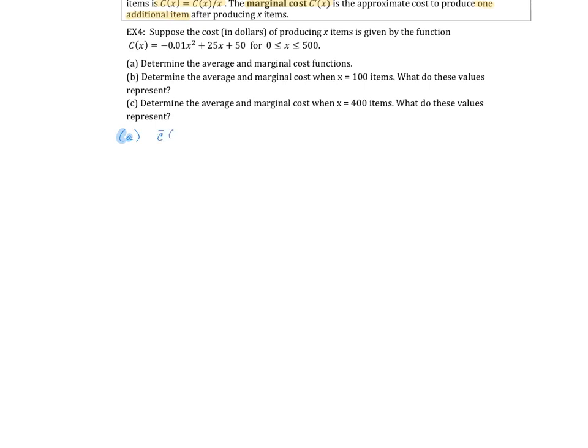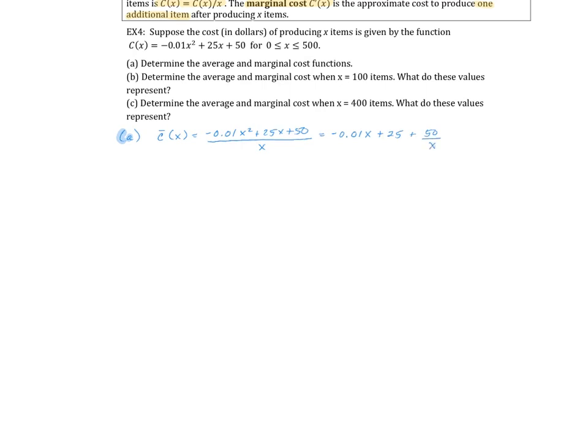So the average cost is just going to be the cost function over X. I'm writing the general formula for the average cost, which would be negative 0.01 x squared plus 25 x plus 50, and we're going to divide all that by X. Let me simplify this to be negative 0.01 x plus 25 plus 50 over X.